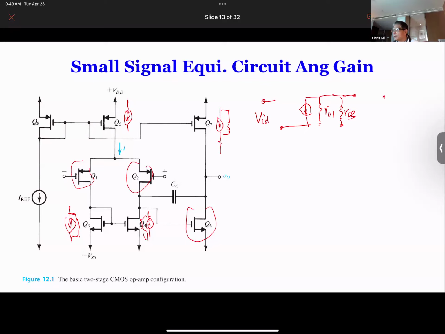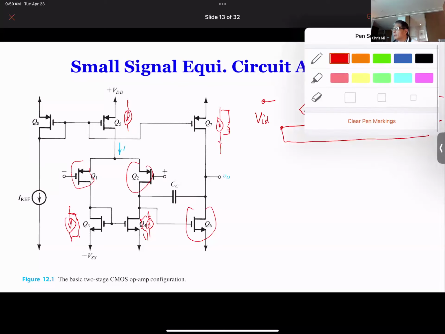The other one is Q2, with RO4, its own resistance RO2, and its own amplified current.